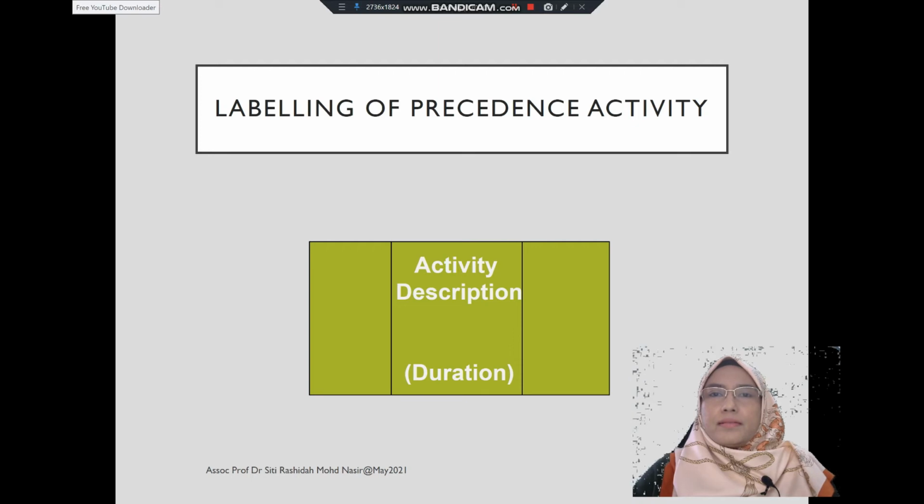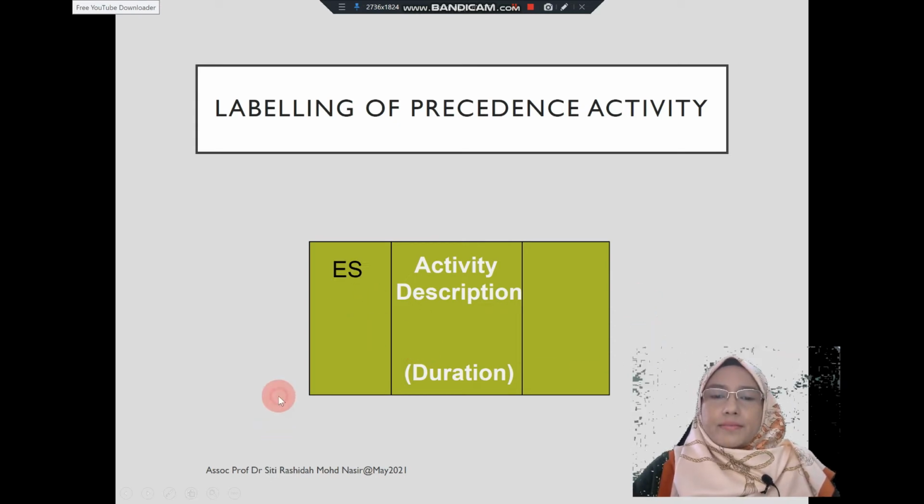In labeling a precedence activity, a node is drawn in this manner. Usually, it comprises three parts. At the top of the middle part, it describes the activity, and the bottom part describes the duration of the activity.